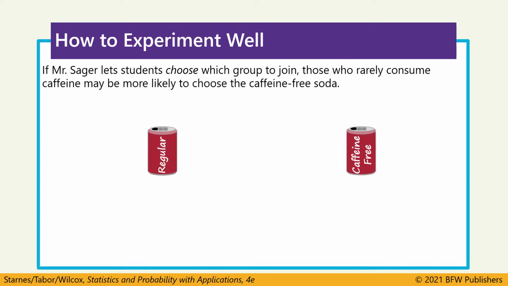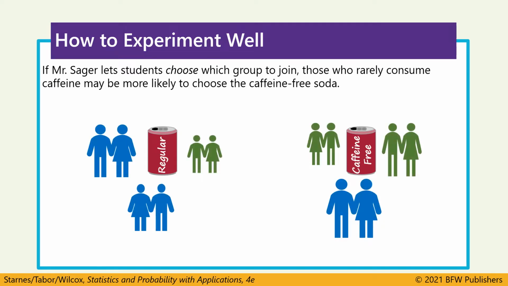What we haven't discussed is how we decide which students receive that regular caffeinated soda and which ones receive the caffeine-free soda. If we let them decide themselves, it's possible that they'll create groups inadvertently where the students who drink more soda are going to choose the regular soda, and students who tend not to drink soda or don't drink caffeine typically will choose the caffeine-free soda.